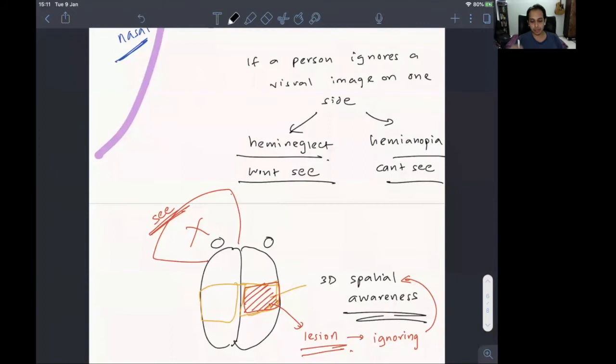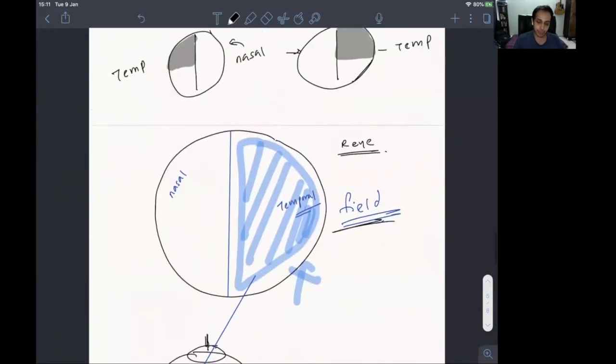In hemianopia, there is some defect in the pathway of the visual image from the eye to the occipital lobe. Somewhere, if there is a lesion, then it is hemianopia. And if that tract is okay, but he's still not able to see, then it is likely to be hemi neglect. So he's refusing to see. He won't see because for him that side of the world doesn't exist.